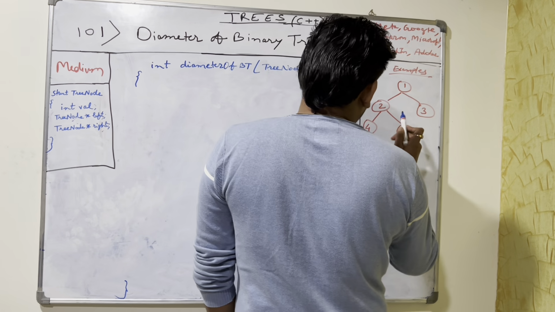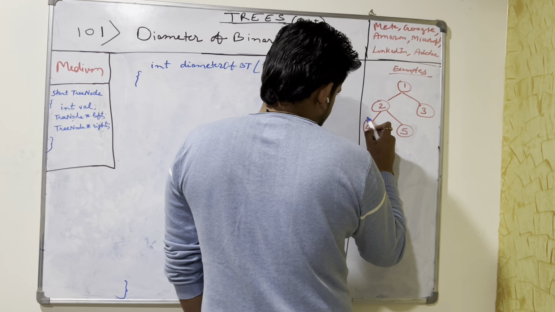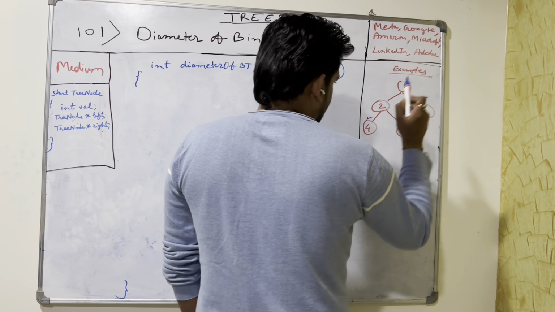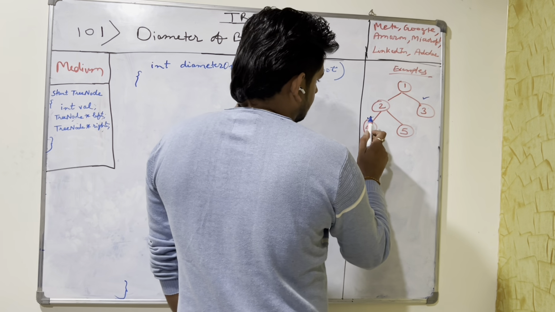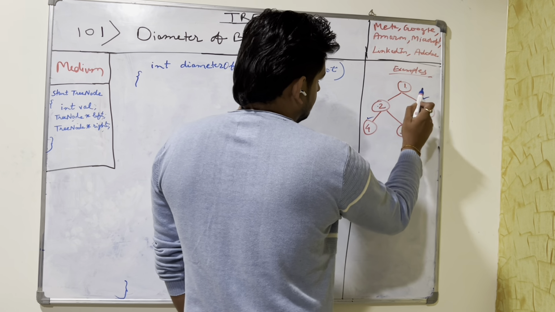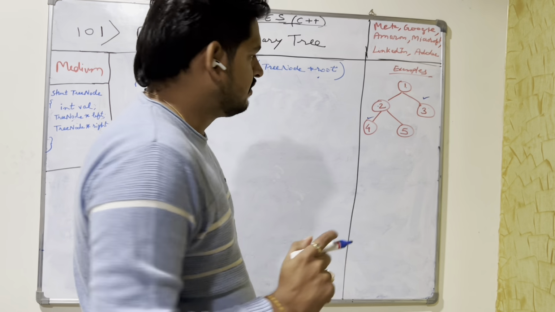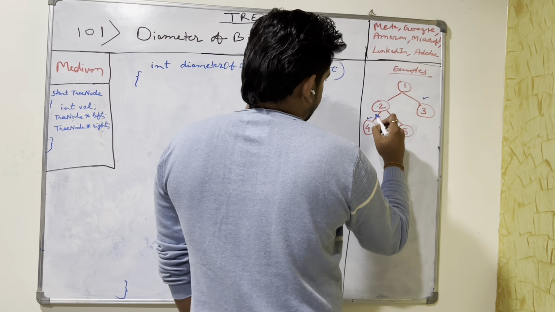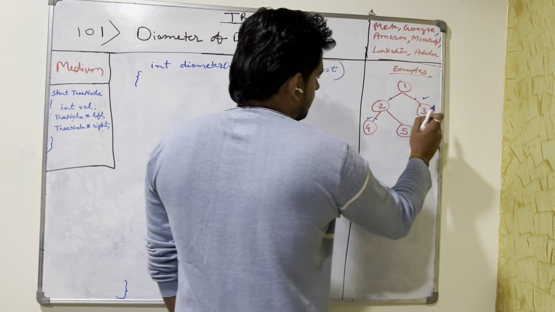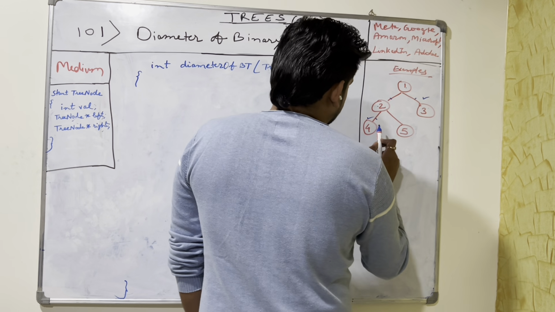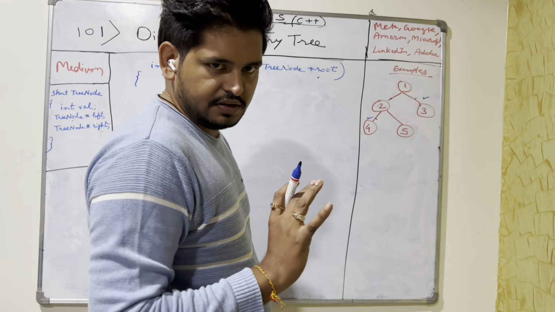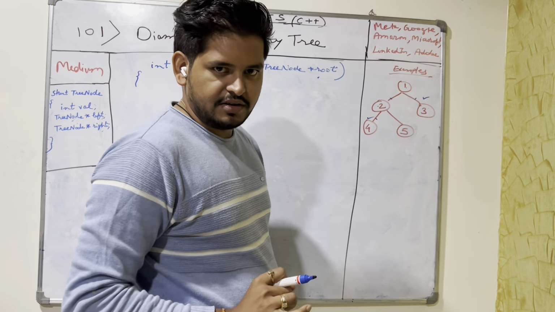So for example, if you see the distance between this node and this node, what is the distance? The distance is 1, 2, 3. Right? So we have to move 3 times to reach this node. Is this the largest distance, the diameter of the binary tree?